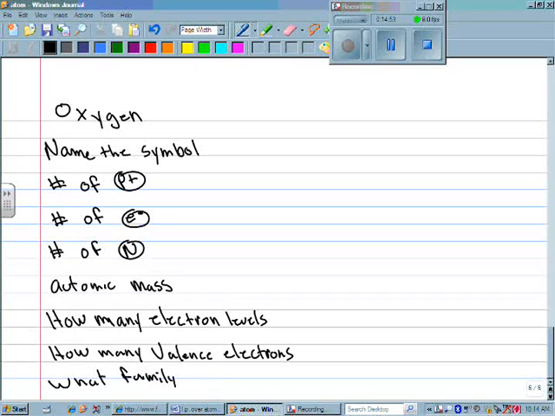Okay, so all this we can simply look at a periodic table and find the answers to all of these questions. Okay, so let's look at it.